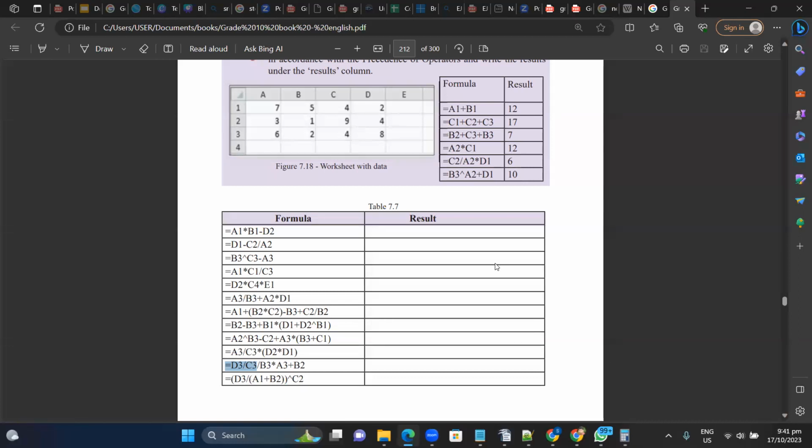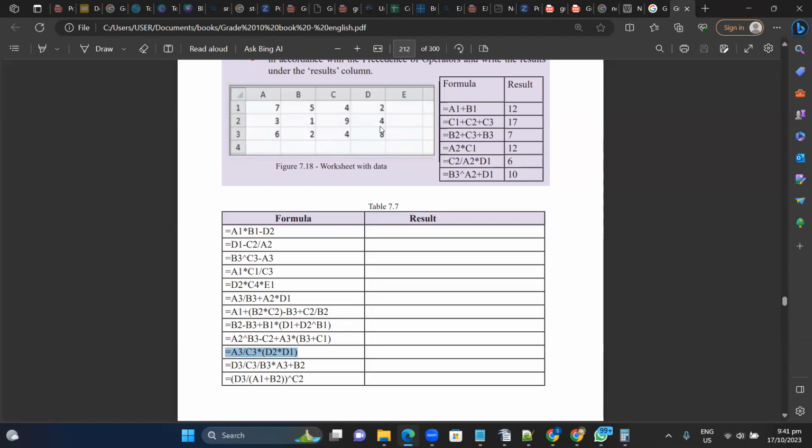A3 C3 D1 D1. What is the answer for this one? Can anybody tell? I cannot remember now. A3 is 6, and this is 3. 3 into D1 D2 D1.